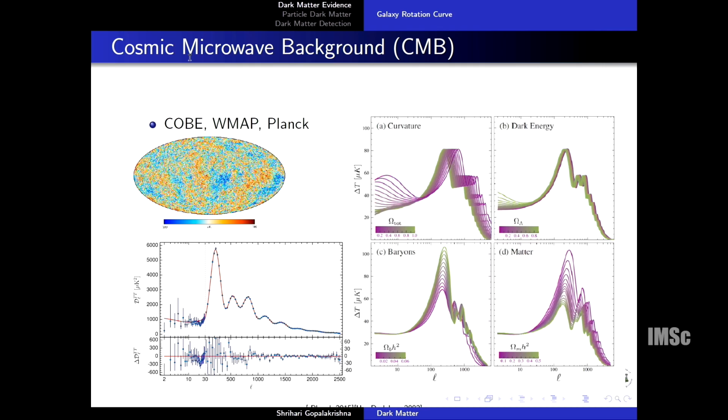So we see radiation all around us, we can measure it, and if we want to explain these features of this microwave sky, I will find that if I don't put in dark matter, it will not match this nice thing that is measured, and so even there I will realize that I need to put in extra components which I don't see, and that is another evidence for dark matter.